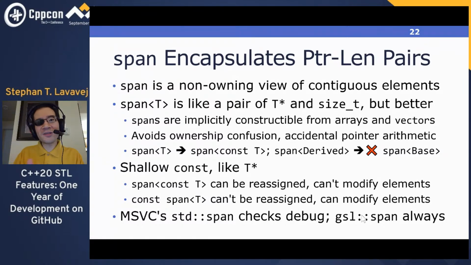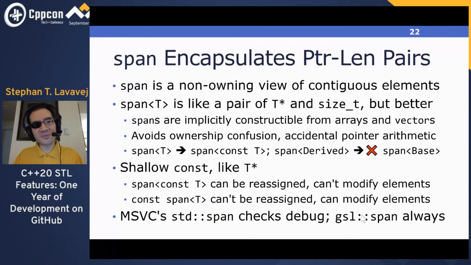But if you have a pointer to an array of derived objects, you do not want to convert that to a pointer to base and treat that as an array of base objects. That would be bad. Yet plain old pointers in the type system do that. Span does not. It detects, whoa, I'm only willing to add const here. I'm not willing to do derived to base. That needs an interesting bit of metaprogramming, and we've handled that in span.